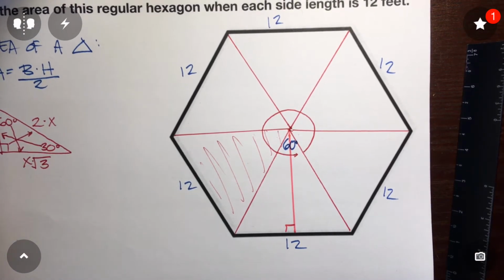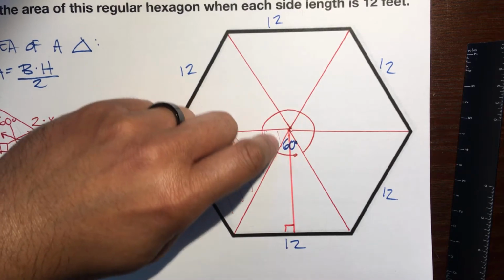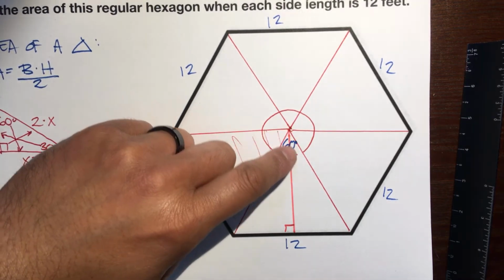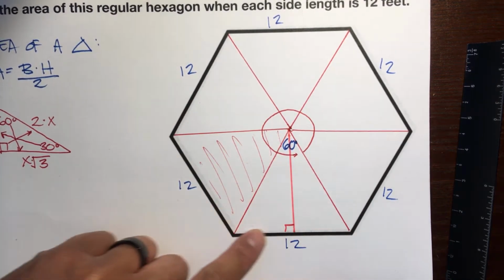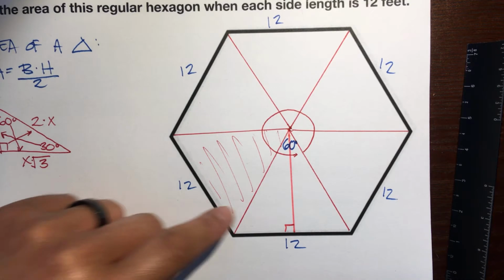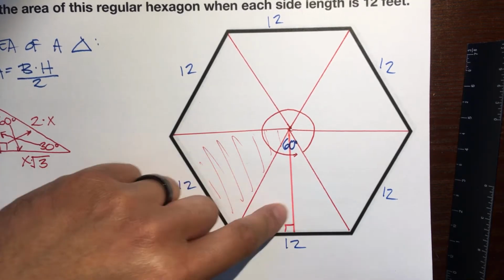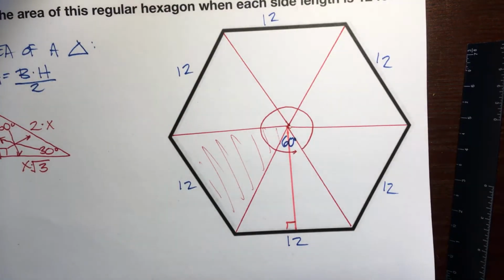Following with me? You got it? So we got the 60 degrees because we split up this 360 divided by 6. We need this height because we need the height to be perpendicular to this base. Once we figure this out, we'll multiply by this and divide by 2, which will give us the area of one triangle. We'll multiply it by 6 and get the area of this entire hexagon.